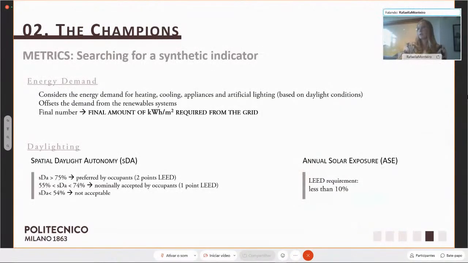So here we are able to perform a much more refined analysis, offsetting the energy demand with the energy production. And at this point, we are able to use climate-based metrics to understand the daylighting conditions.